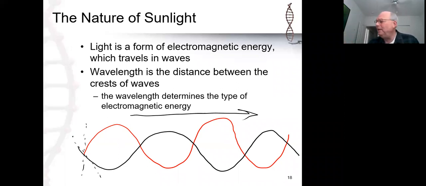Now, when we start thinking in terms of waves, we think in terms of wavelength, the distance between two adjacent crests. So the wavelength would be measured from here to here, and that would be the wavelength.